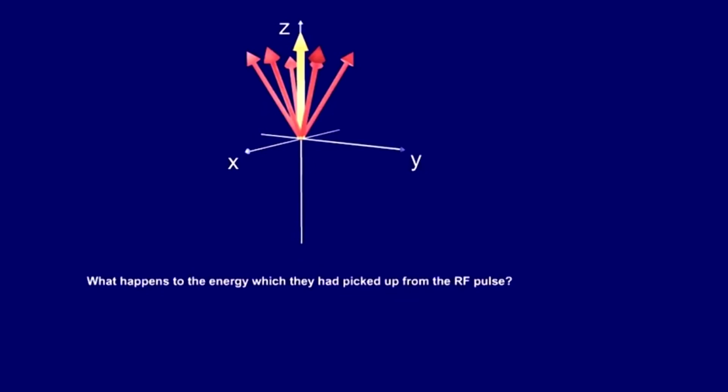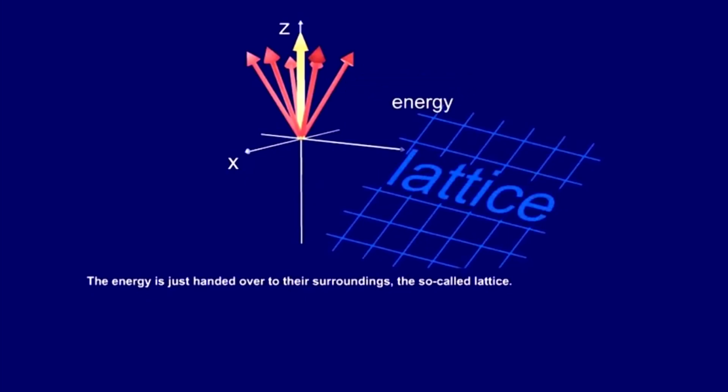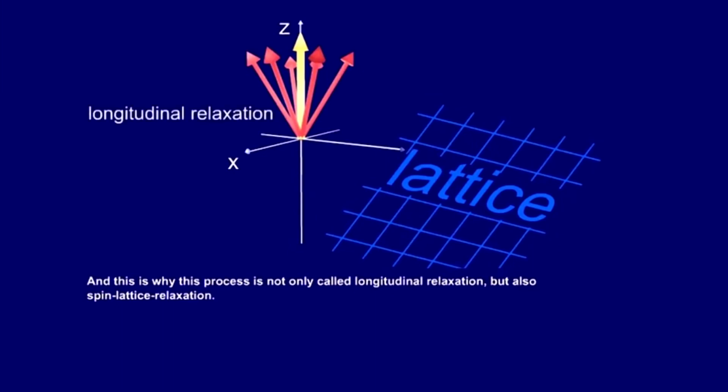What happens to the energy which they'd picked up from the RF pulse? The energy is just handed over to their surroundings, the so-called lattice. And this is why this process is not only called longitudinal relaxation, but also spin-lattice relaxation.